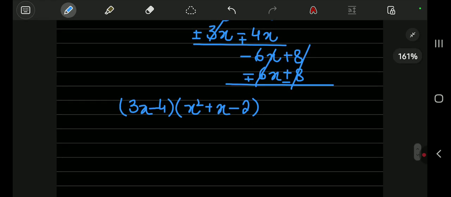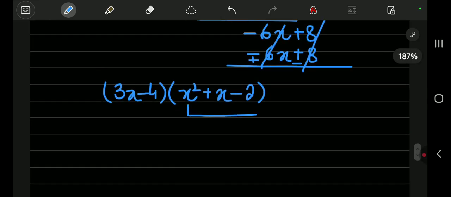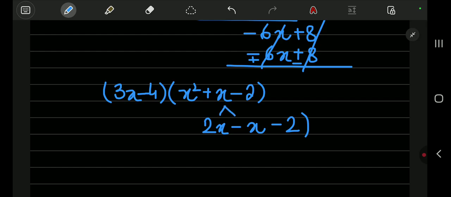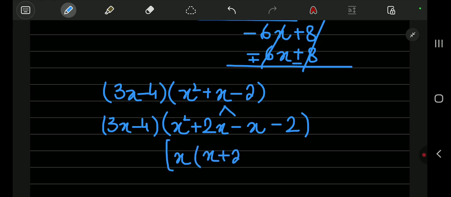Now we need to fully factorize it, so we will factorize this further. We have a quadratic equation. We need two factors that when multiplied give you minus 2x square and when added give you x. So 2x minus x. This is how we broke the middle term into two factors. x plus 2, minus 1 times x plus 2.